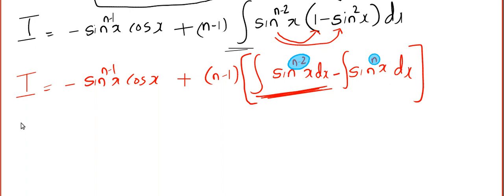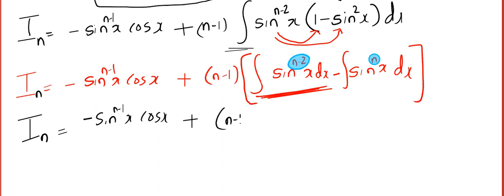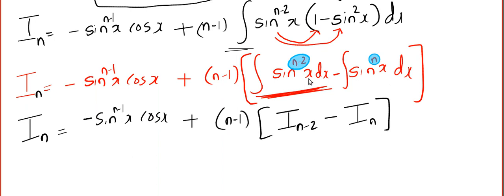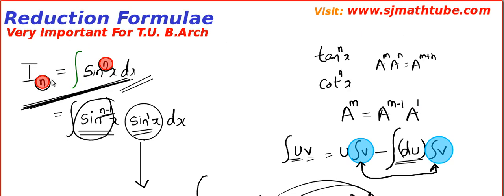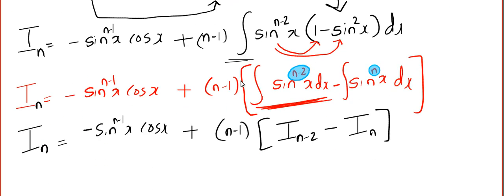Okay. So I'm going to write I_n equal to, I forgot to write n, minus sine to the power n minus 1 x cos x plus n minus 1 into, this is I_n minus 2. I'm 100% sure about that, because I made the name I corresponding to the power of sine.